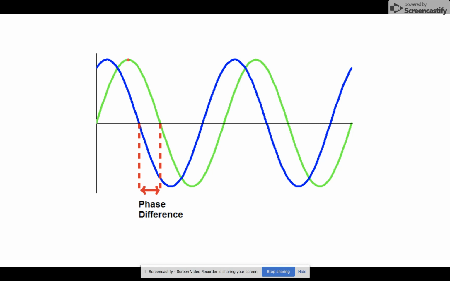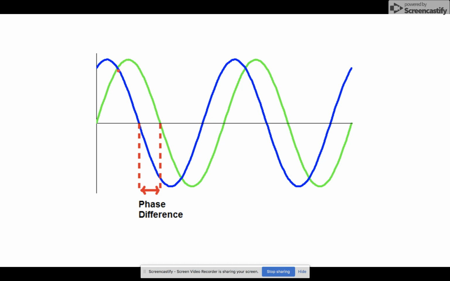So what you can observe here is that there's a time difference or a time delay. Basically, you have the blue wave attaining 90 degrees, and then the green wave attains that later on. So it's quite obvious from this already that you have the blue wave leading the green wave, or the green wave lagging behind the blue wave.